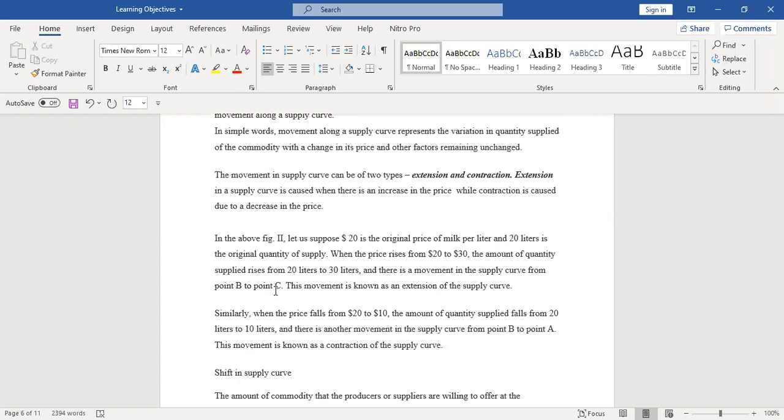So here's what I want you all to write down for me. A rise in price. Everybody with me so far? You guys writing it down? Bala, you writing it, right? Yes. Good. A rise in price results in an upward movement along the supply curve.